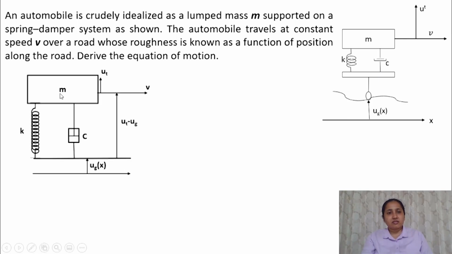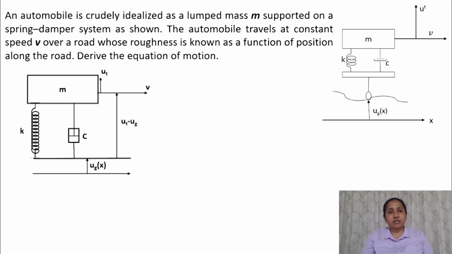So we have this mass connected to the spring and the damper, and it moves with the speed v. So when it moves, it goes up and down, and that roughness is given as ug(x). The displacement of this mass is represented by the variable u(t). So that would be the total displacement of this mass, and the displacement of this mass relative to the base is ut minus ug. So the total displacement minus the displacement of the base.